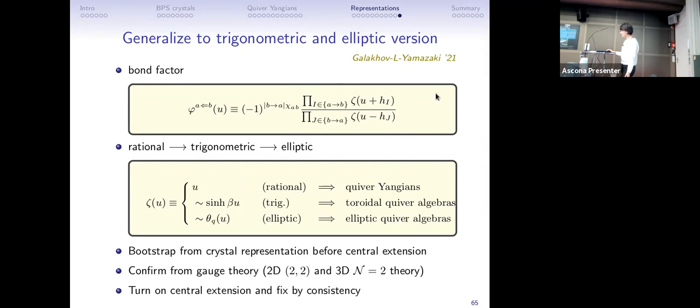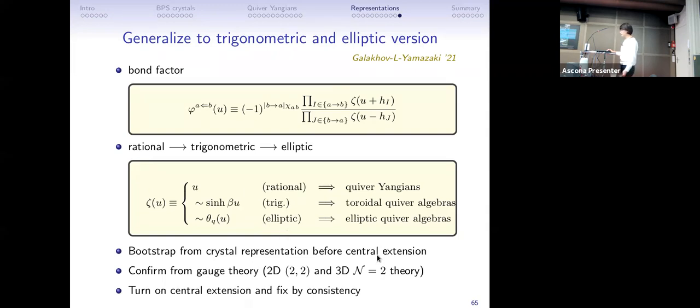For this bonding factor, before we just had u plus h and u minus h. This corresponds to the rational case. We replace this by a sinh, that will be the trigonometric case, or a theta function for the elliptic case.